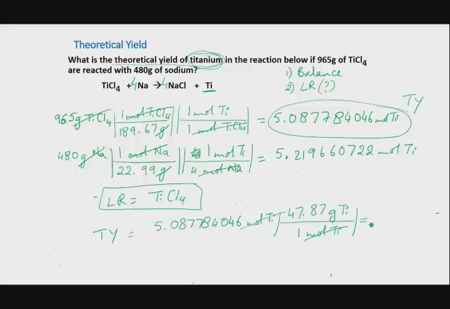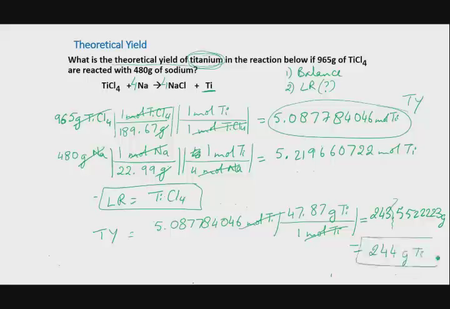So in this case, we get an answer of 243.5522223 grams, and that rounded to 3 significant figures gives us 244 grams of titanium.